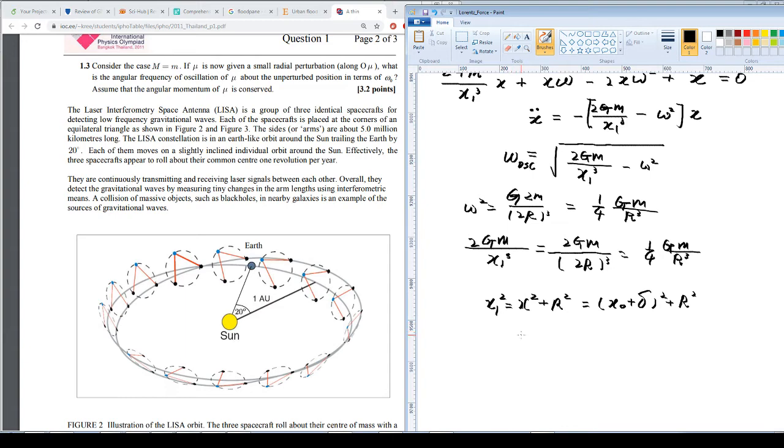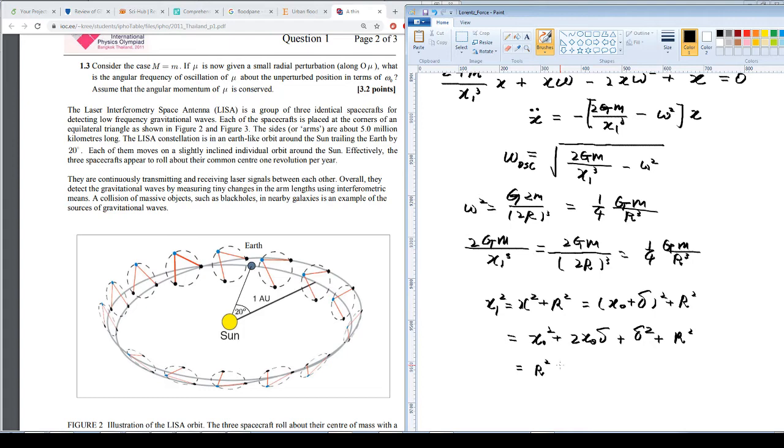Therefore, just expand everything: x naught squared, 2x naught delta, delta squared, r squared.